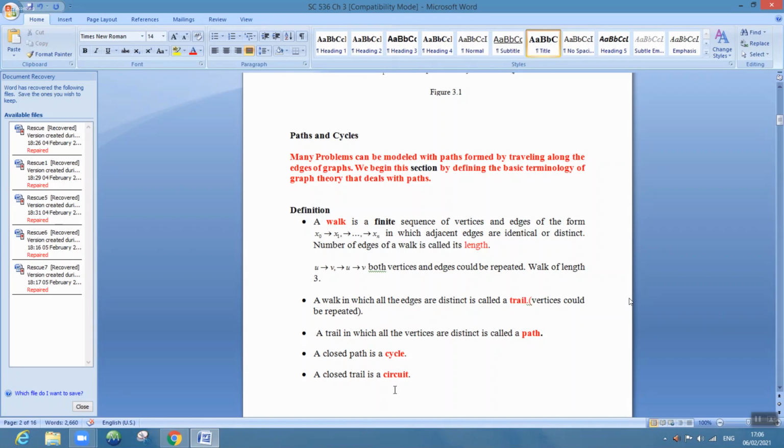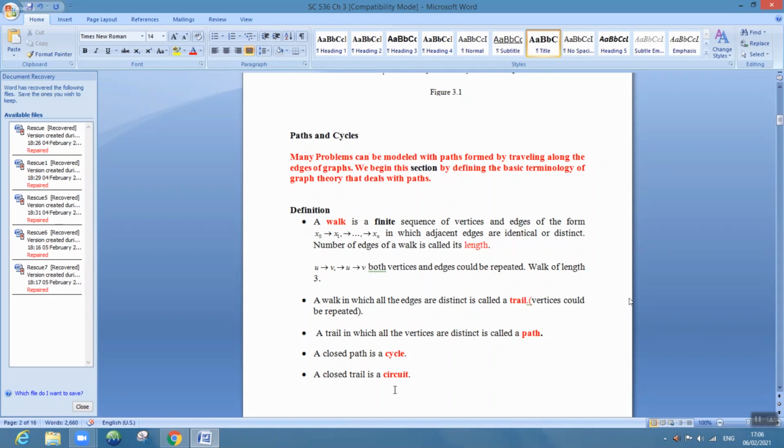All are distinct. And once you close the path, that means starting and end are same, the closed path is a cycle. Once you close the path it is a cycle, once you close the trail it is a circuit. Euler circuit, Hamiltonian cycle. Those are the two things we are seeing.